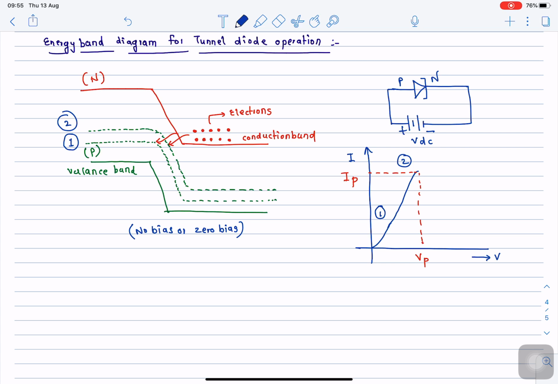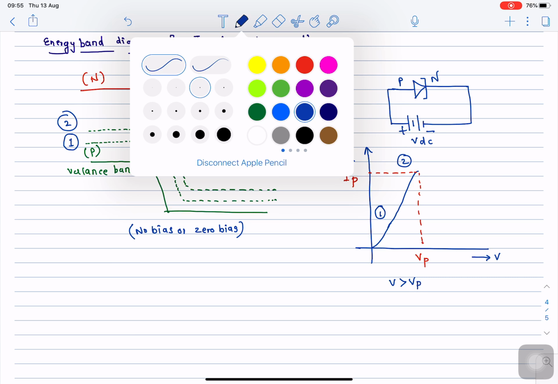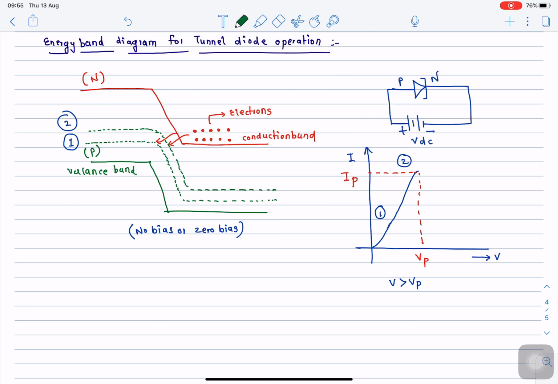Now if I still increase the voltage such that the voltage is greater than the peak voltage Vp, at that time what will happen? The valency band will again get shifted upwards in this way. As it gets shifted upwards, this diagram can be represented like this.